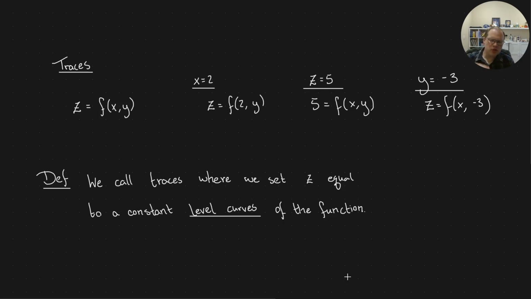Okay, so the special traces where we set the function value, the z value, equal to a constant, we call those particular kinds of traces level curves.